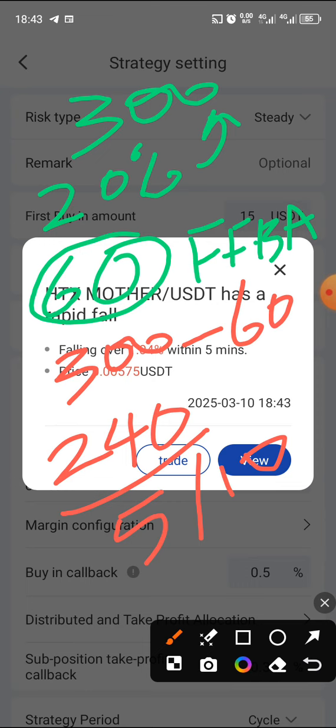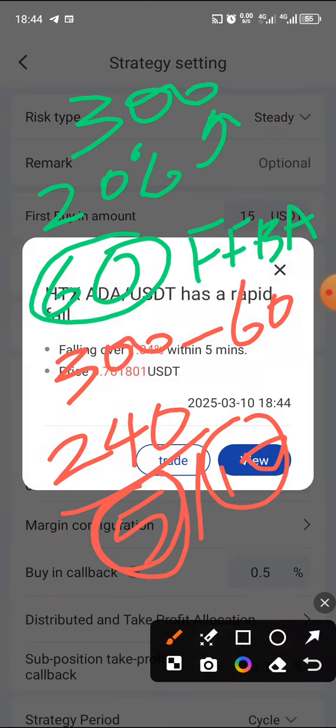But in this current market situation, I'm advising you to use $5. For you HTX users, of course, you have no other option apart from using $10, because HTX will never allow you to use less than $10. So if you are using Binance and not HTX, I would recommend to use $5 as your second first buy-in amount.